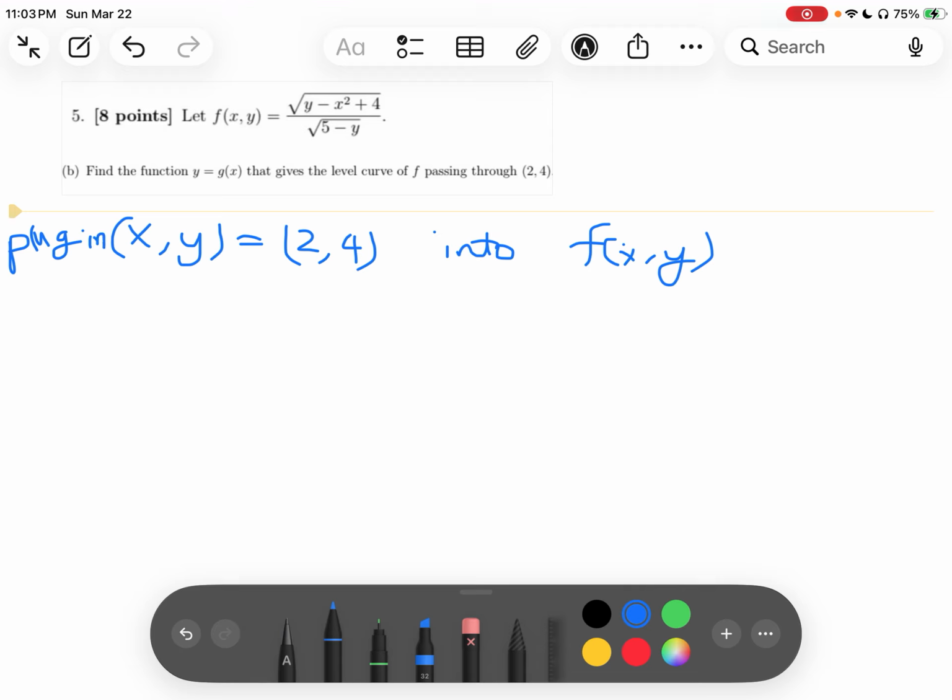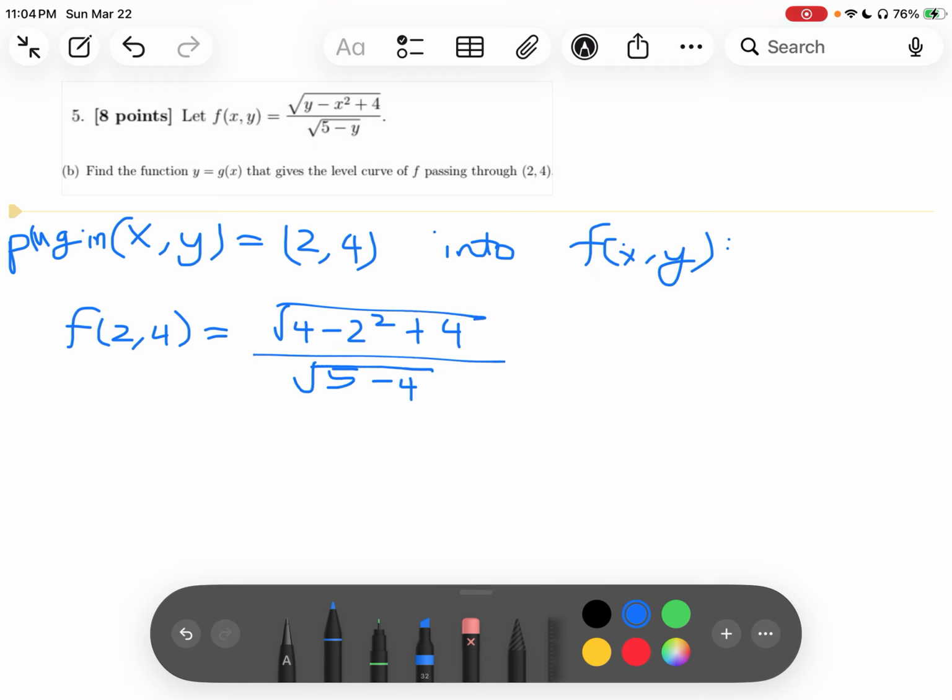The reason we're doing this is because we want to find out what is f of x, y, the value of the function when x is 2 and y is 4. So we have f of 2, 4 equals the square root of 4 minus 2 squared plus 4, all over the root of 5 minus 4. Let's expand and simplify.